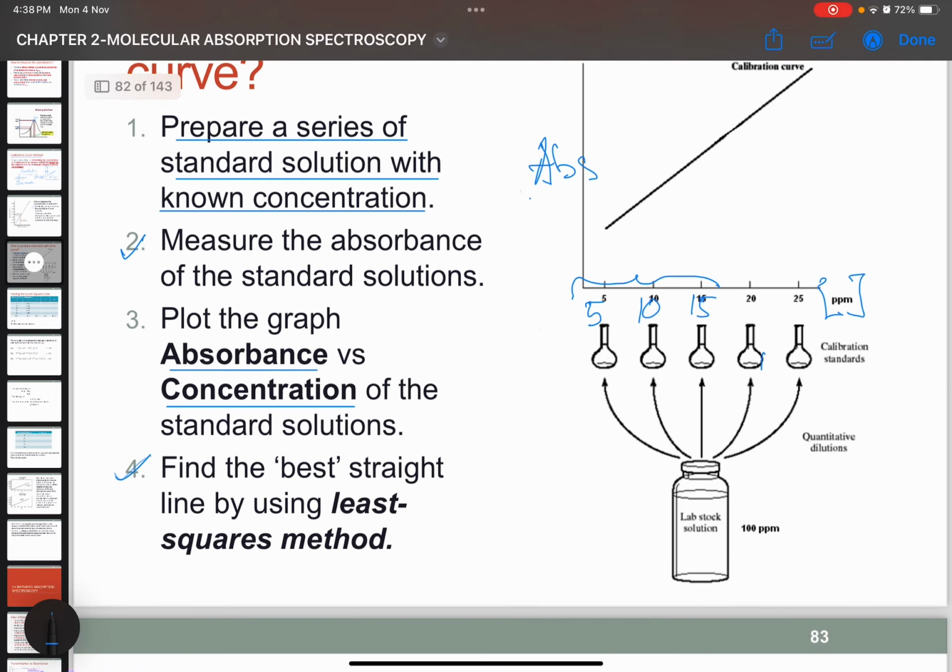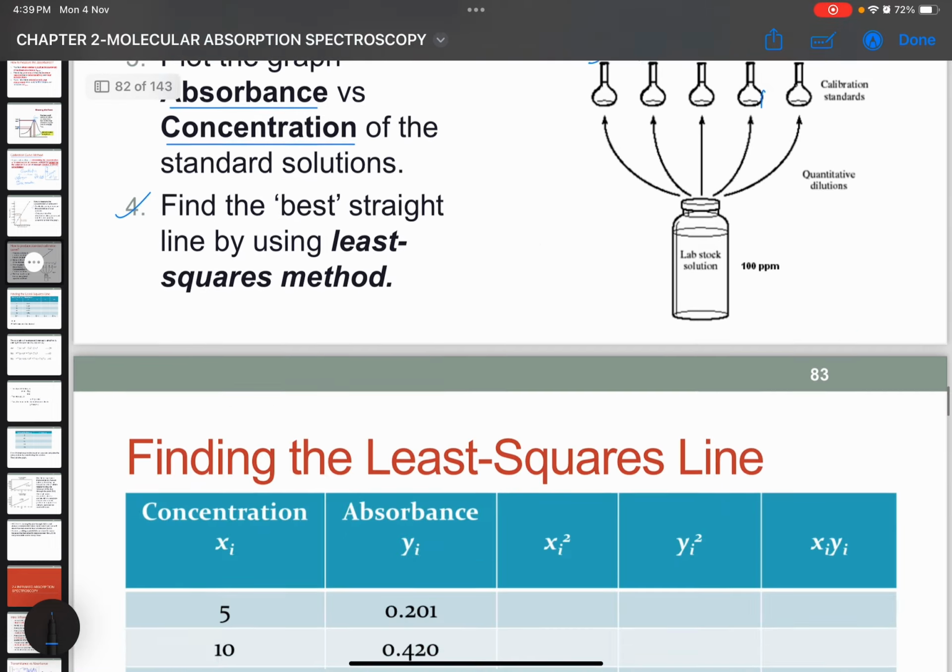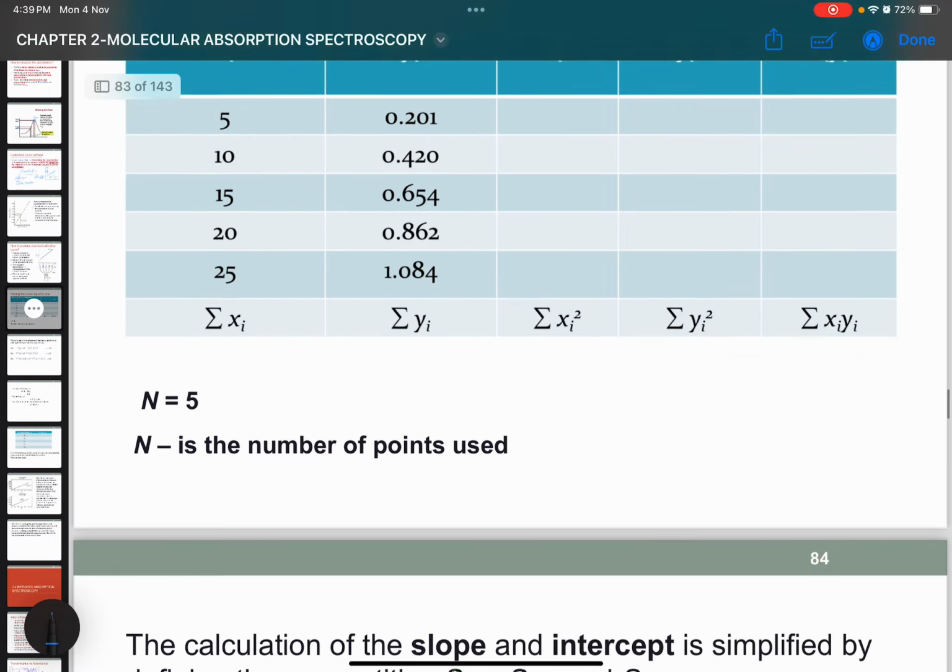Find the best straight line by using the least square method. Okay, this one untuk statistical process lah ya. Nak dapatkan least square method. Least square method ni nak dapatkan garis yang paling bagus, dia punya R square value dia. Tapi kita tak buatlah benda tu kan, sebab komputer dah tolong buatkan untuk kita ya. Instrumen dah tolong buatkan untuk kita.